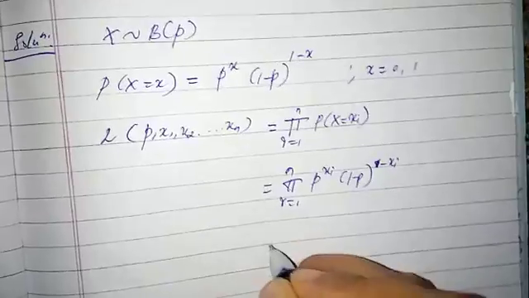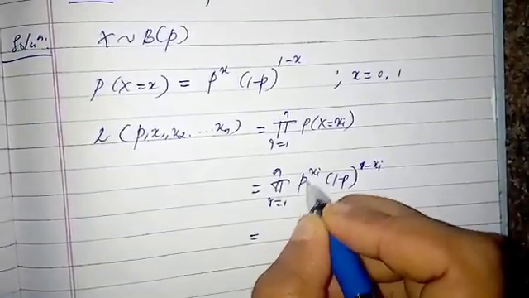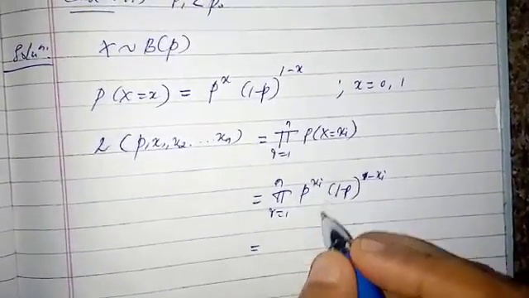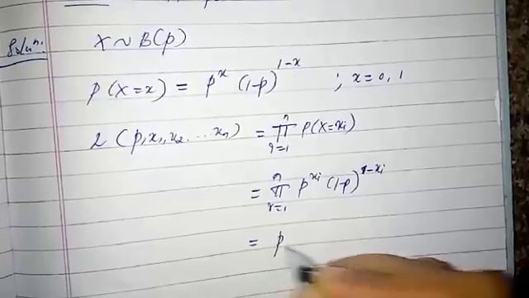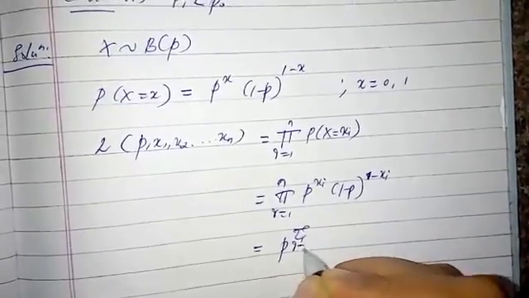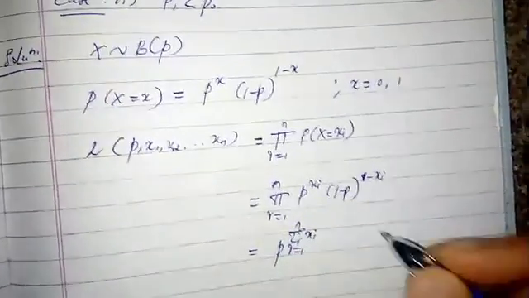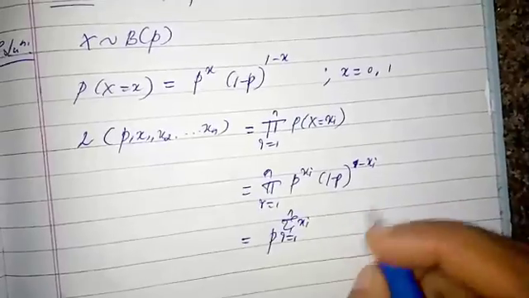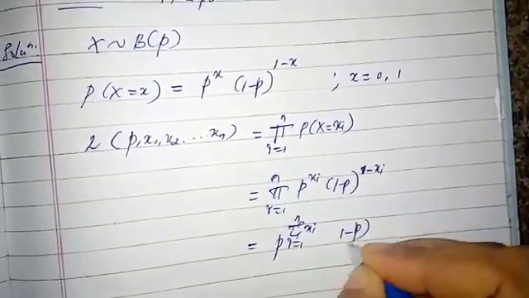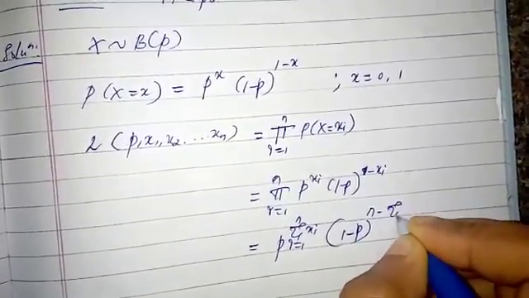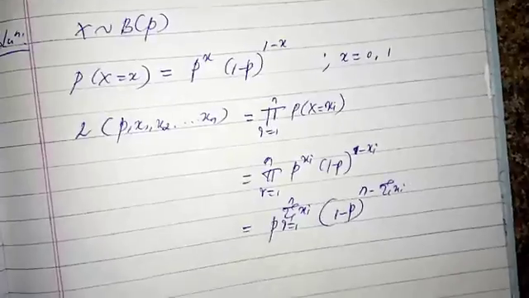So this equals p power summation i from 1 to n of xi, then 1 minus p power n minus summation xi.